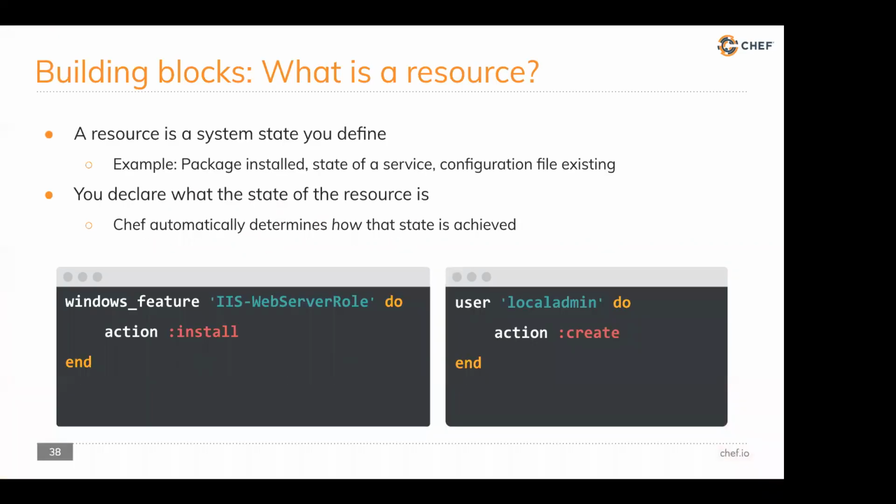This is probably review for a lot of people on this webinar, but the building blocks of Chef are these atomic pieces of configuration called resources.